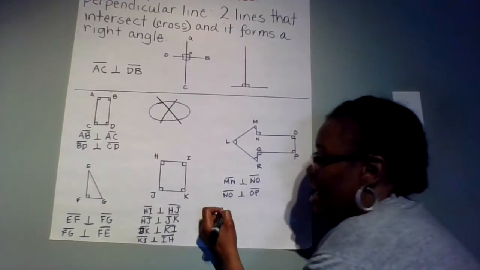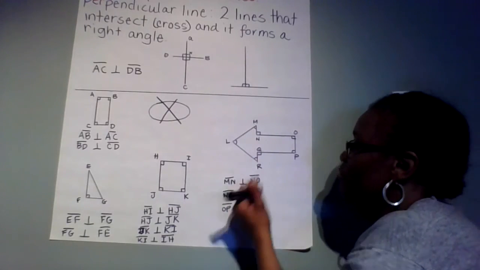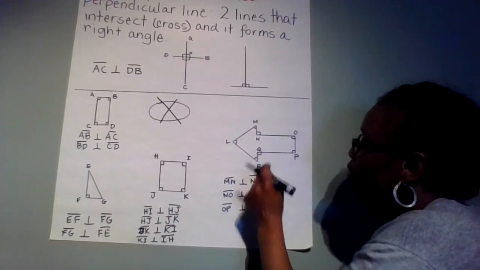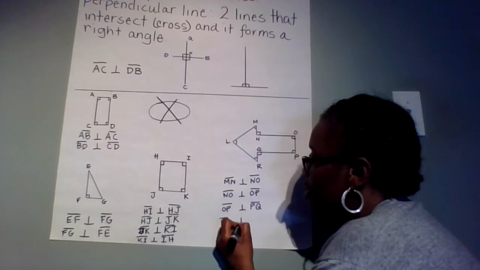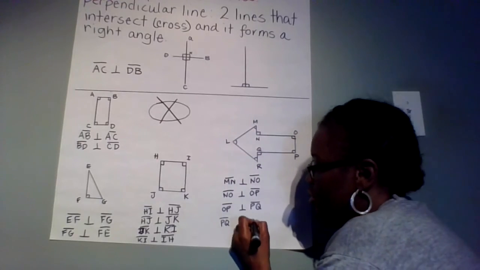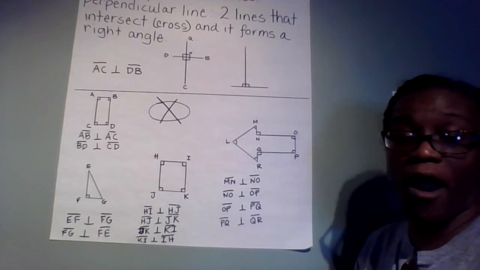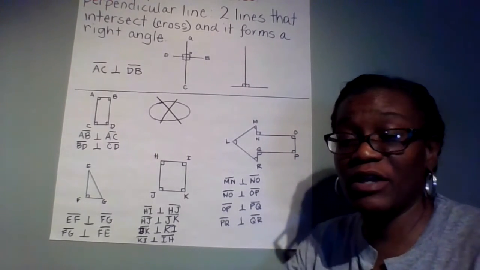I can now say OP is perpendicular to PQ. And now I can say PQ is perpendicular to QR.